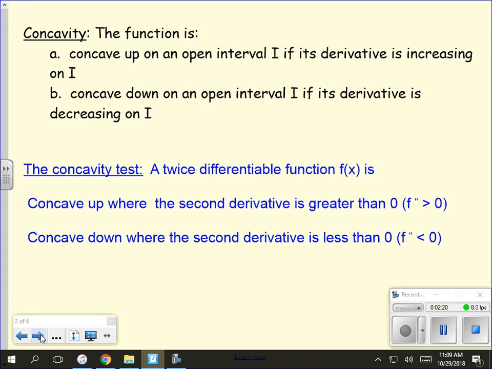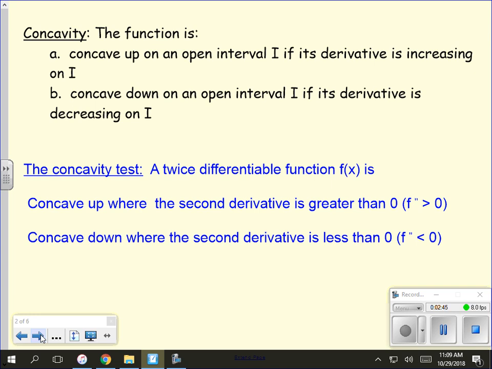Concavity. The function is concave up on an interval I if its derivative is increasing on that same said interval. So if the derivative is increasing, then the function is concave up.